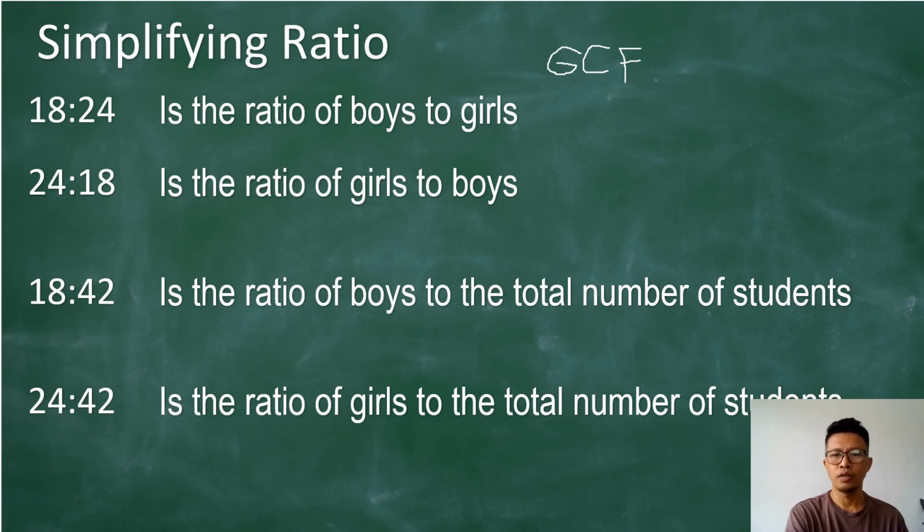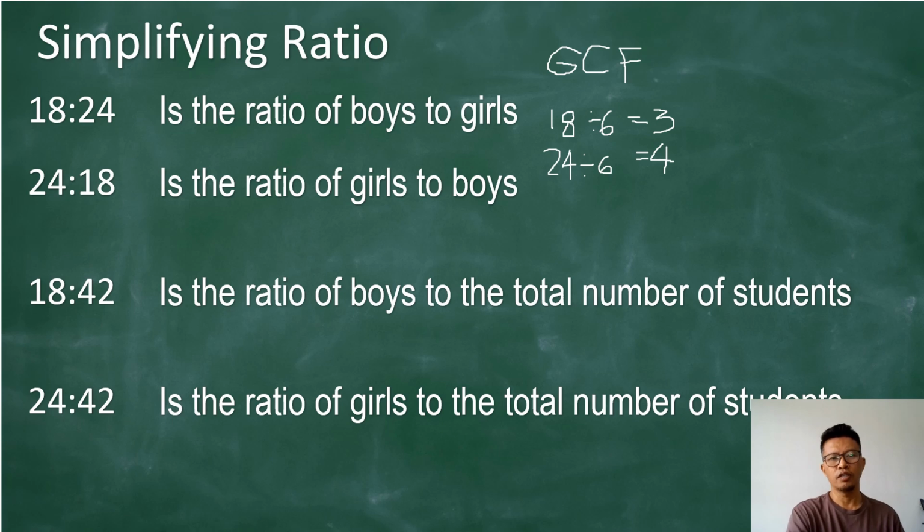So if you're going to divide 18 divided by 6, that is equal to 3. And if you're going to divide 24 divided by 6, that is equal to 4.